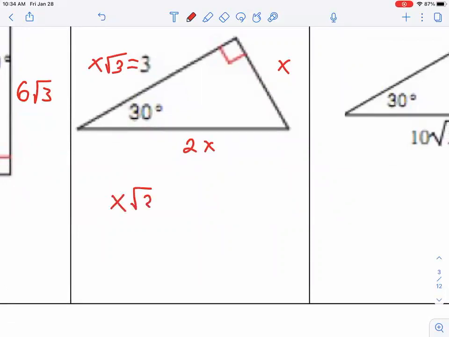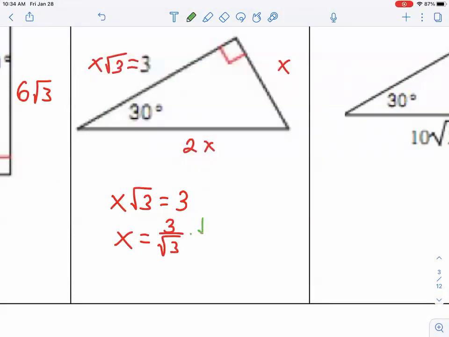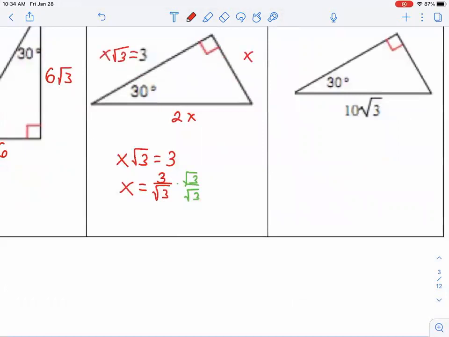X root 3 is equal to 3. And so x would be 3 over root 3, which of course I'll rationalize. And so I've got 3 root 3 over 3, which then is the square root of 3.